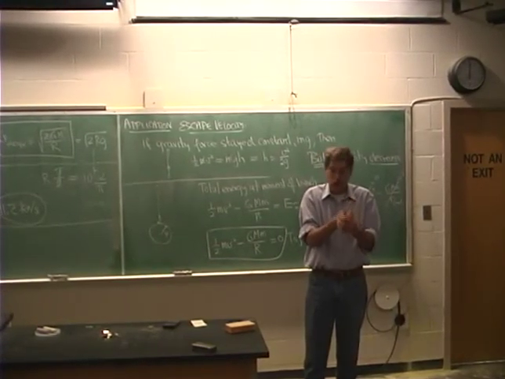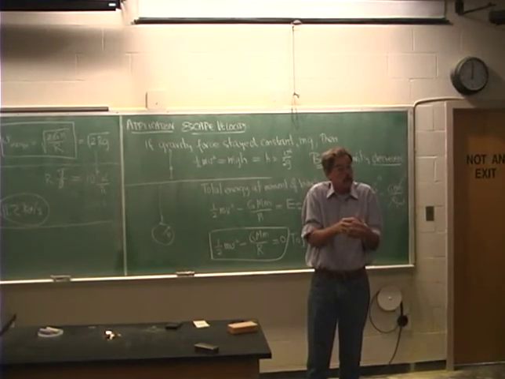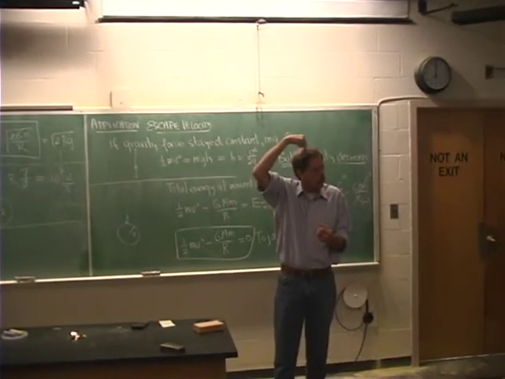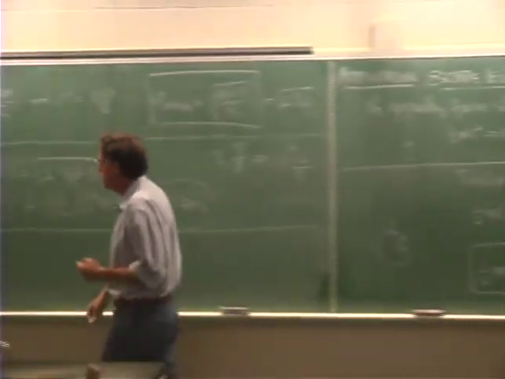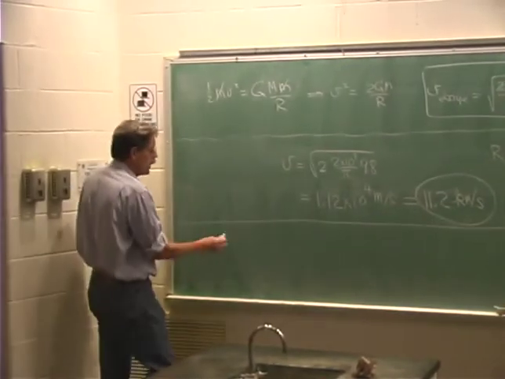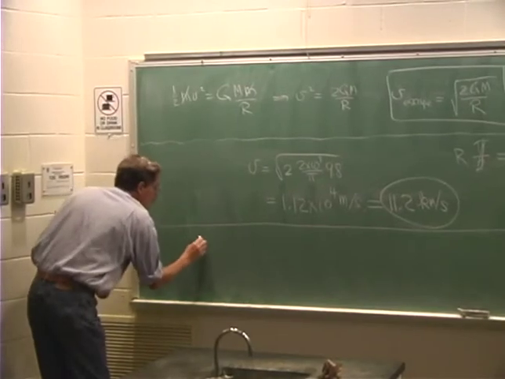Then his notion was, you shine a flashlight up, even light wouldn't be able to escape because it's going at the speed of light. If the escape velocity is the speed of light, if you squash down the Earth that much, the light would just barely escape. Squash it down even further, the light would go up, and then it would fall back down and hit you on your head.